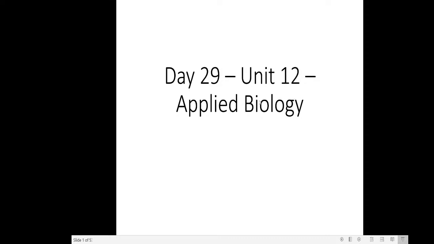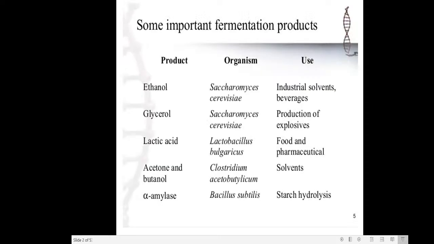Using those basic concepts, we can apply them for human life. First is the fermentation process.